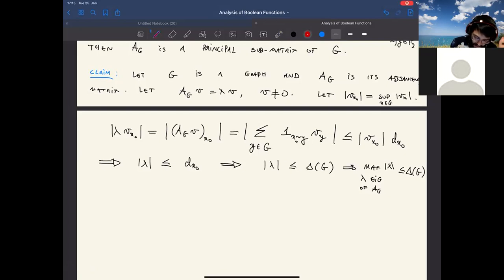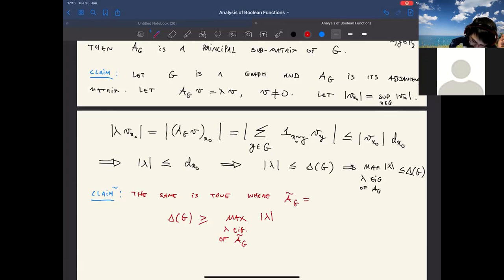Instead of considering A_G, let me see here, second claim, claim tilde: the same is true, meaning delta G is greater or equal than the max of the moduli of lambda, where lambda is an eigenvalue of A tilde G, where A tilde G is the matrix theta_xy times 1 of x, y in G. And theta_xy is just some real number between -1 and 1. But it could be anything.